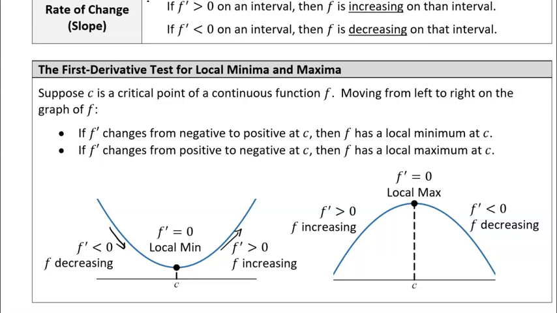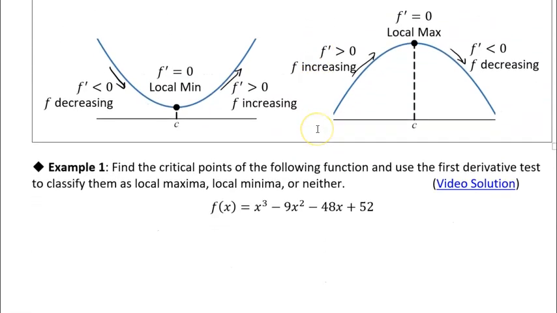Or if the derivative goes from positive to negative, like it is over here, the function goes from increasing to decreasing, and so that point where the derivative is 0 is a local maximum.